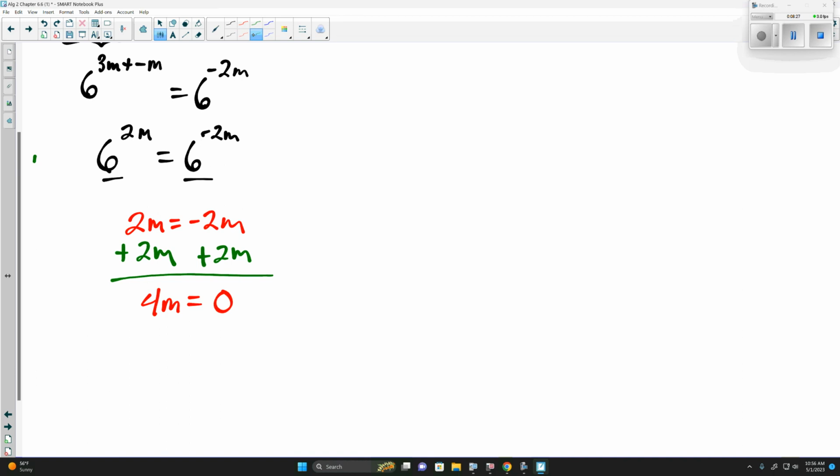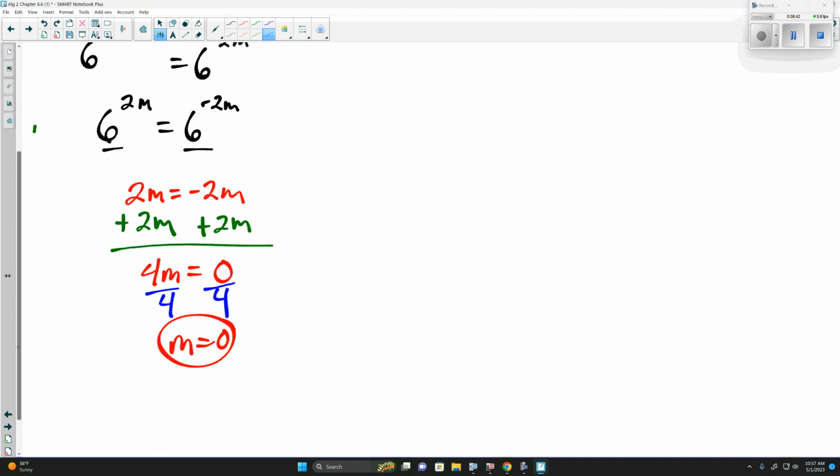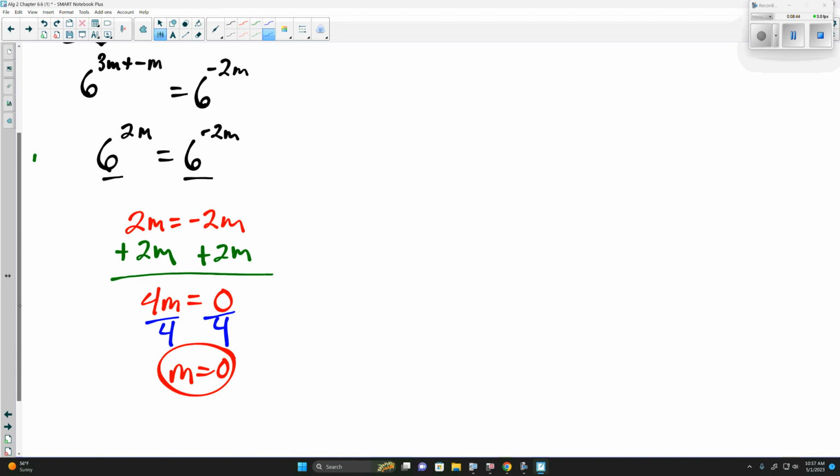At this point, we can divide both sides by 4, telling us m is equal to 0. And that's it. Now we could plug it back in to make sure, but m is equal to 0 is the correct answer. Any questions on any of this here?